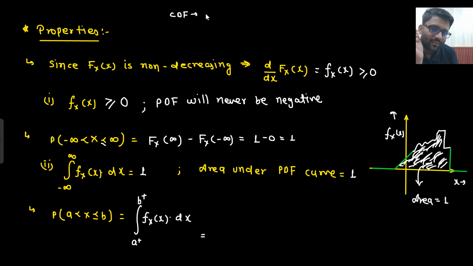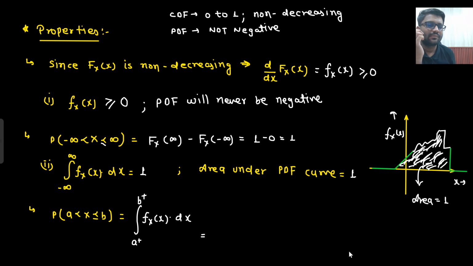It will rise from 0 to 1 in a non-decreasing manner. What will be the condition for PDF? Always not negative, and area under the curve is 1.